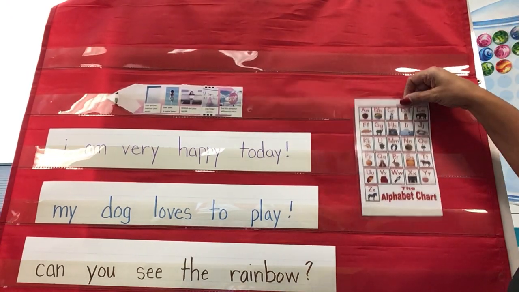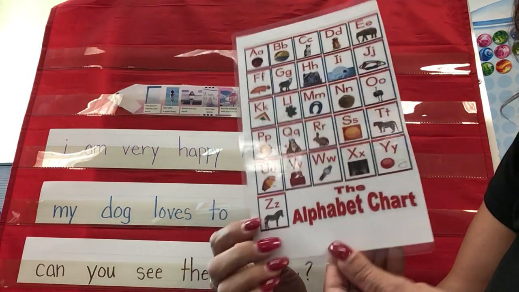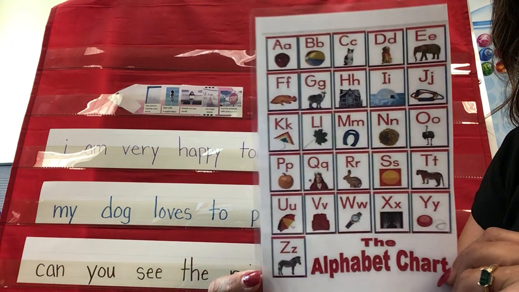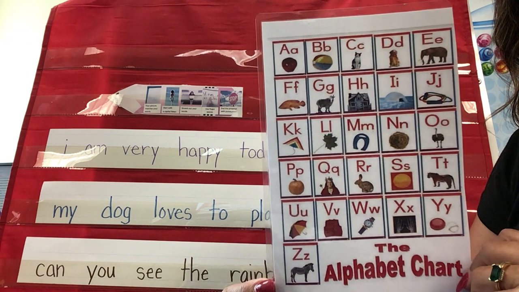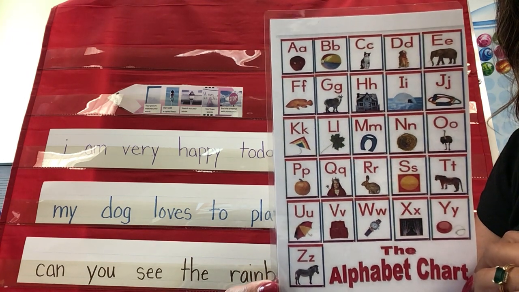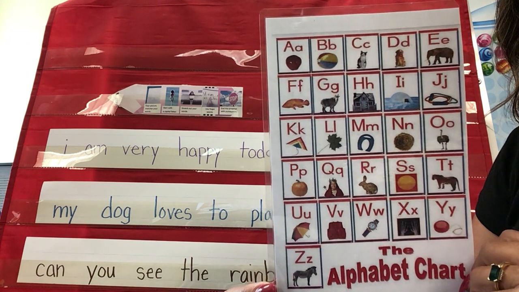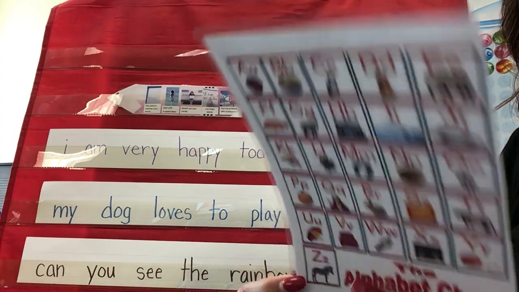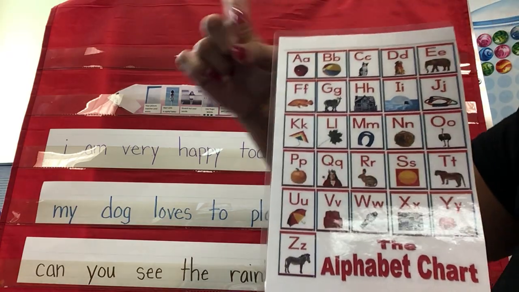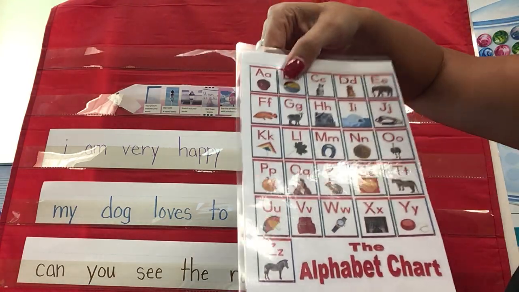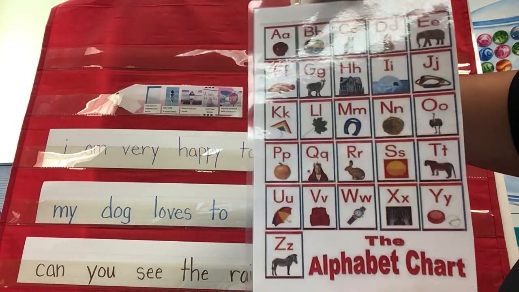The other part of that is knowing, and this is on your resources part of Canvas, your uppercase and lowercase alphabet chart that we use in the classroom. So you can see all of the buddy letters, the partners, uppercase, lowercase, and what they look like. And we want to make sure we use the first letter because that's the uppercase letter. And those are very tall letters.